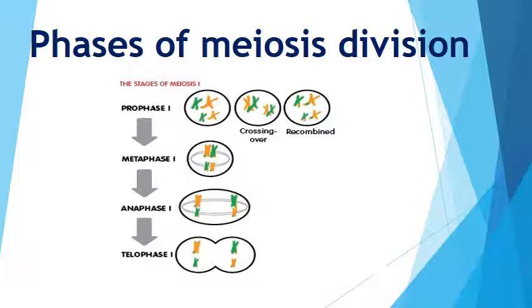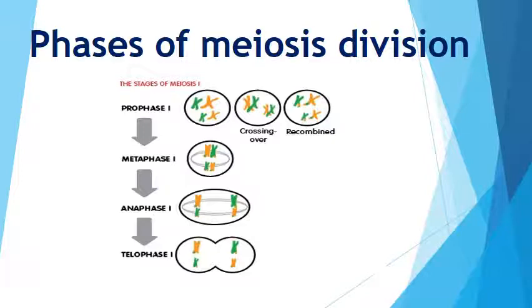What happens in metaphase 1 in meiosis division? The homologous pairs. Yeah, pay attention. Here we can't say the chromosomes only. Here we must say the homologous pair or the tetrad of chromosomes are arranged at the cell equator, after making crossing over phenomena, after exchanging the inner part of chromatids.